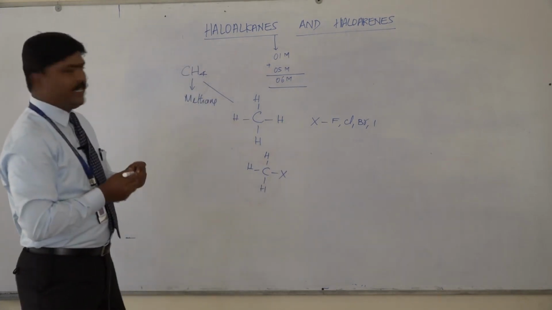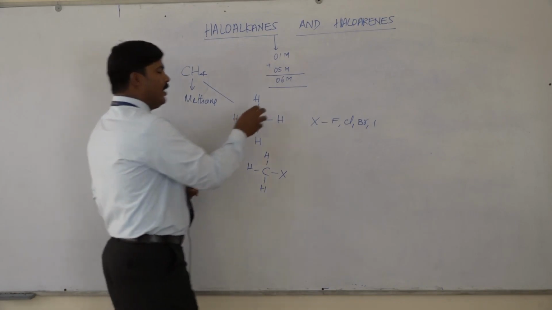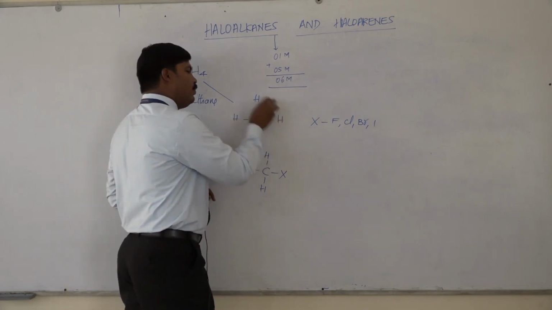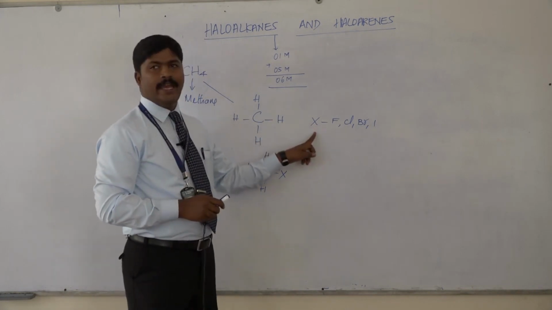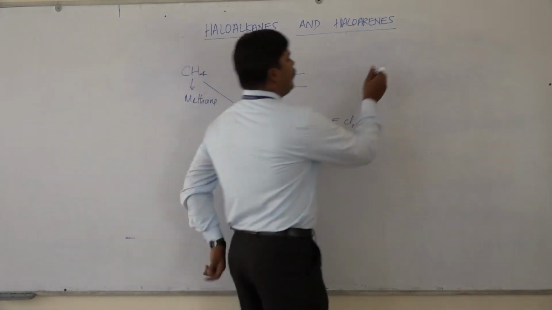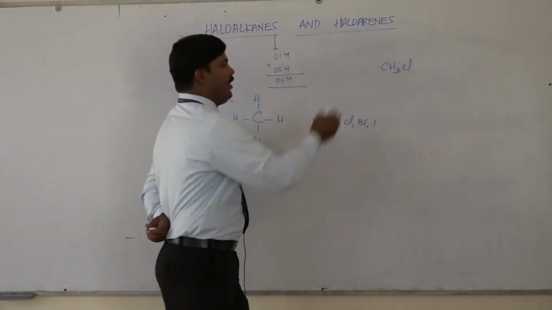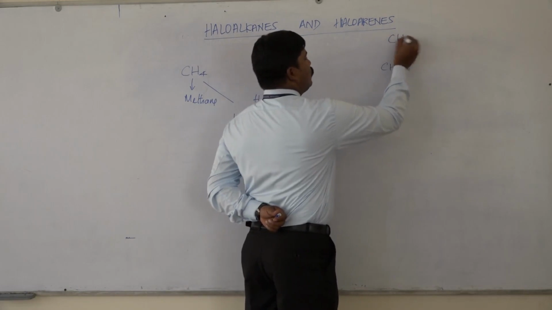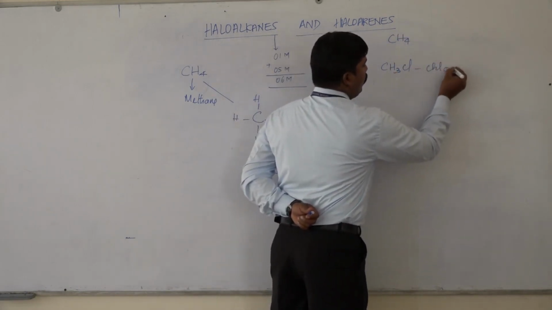So, what does the definition tell us about haloalkanes? Haloalkanes are halogen derivatives of alkanes, where one or more hydrogen atoms of an alkane are replaced by a halogen. The definition says one or more. For example, CH3Cl, I have replaced only one hydrogen in methane. That means CH3Cl is called chloromethane.